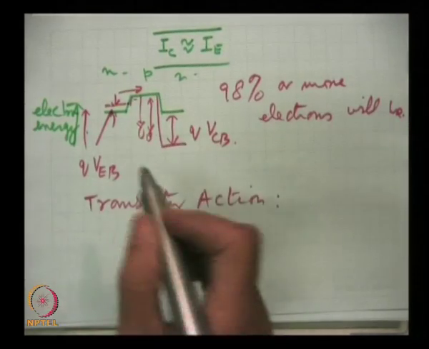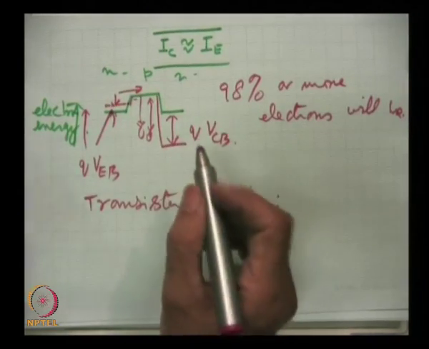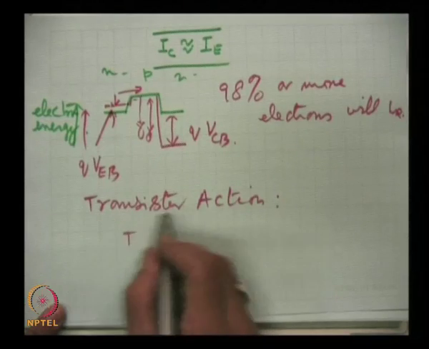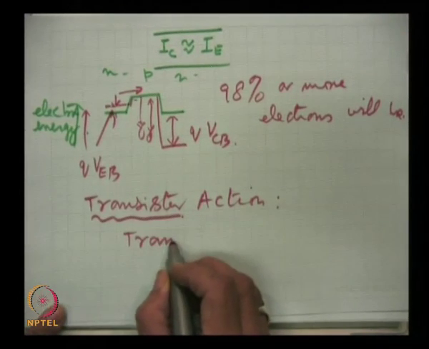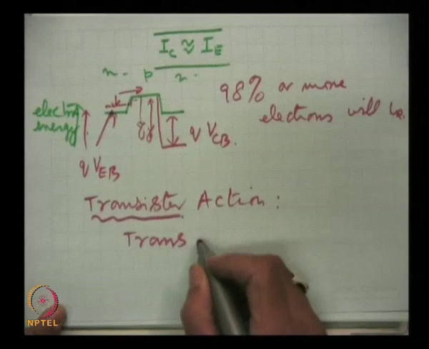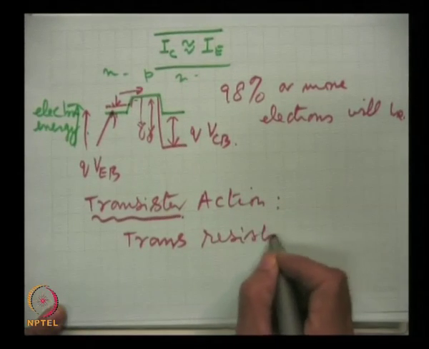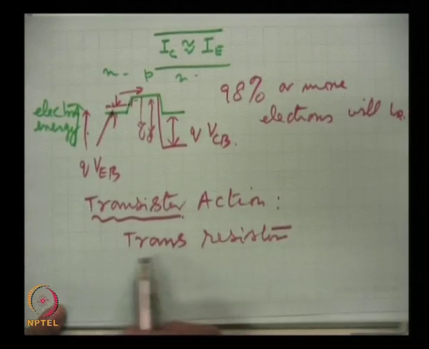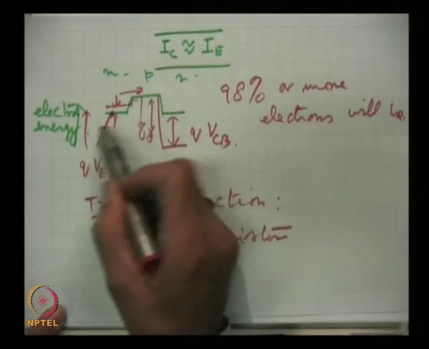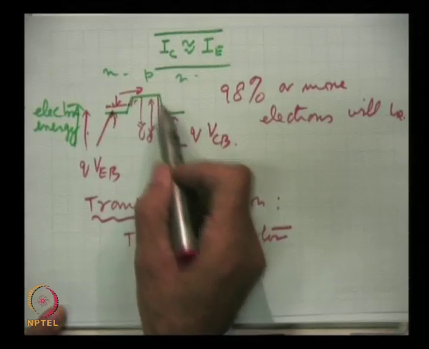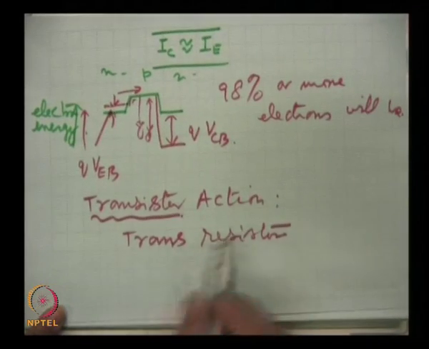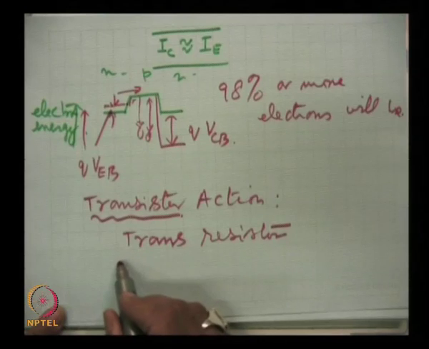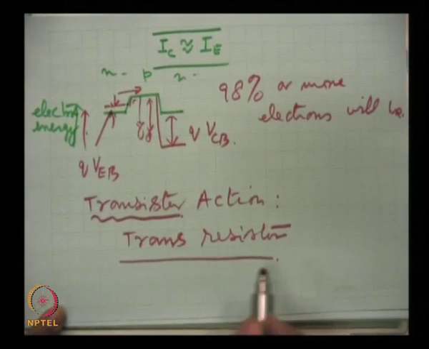Now, this is transistor. Transistor, if we break it, is transfer resistor. Transferring current from a low resistance circuit to a high resistance circuit, that is the transistor action, and from here the name transistor came.